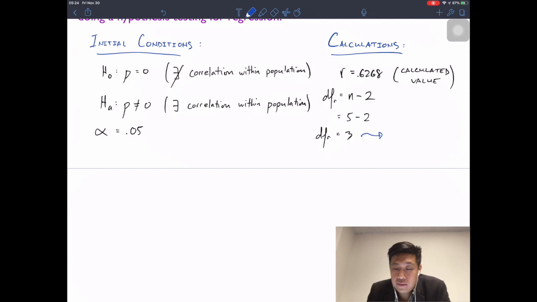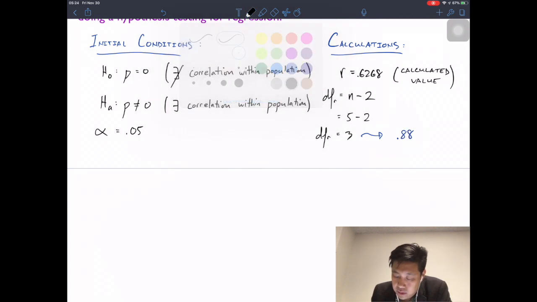This leads to a table value, and again, you will probably want to pause this here, pull out your statistical table or Google it, and you're going to look for a regression one. You're going to look at the 0.05 significance level, and you're going to go to degrees of freedom down to 3. You should be seeing a value of 0.88. This is what's called your critical value.